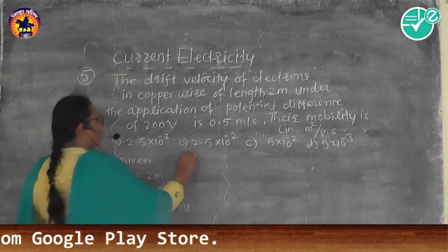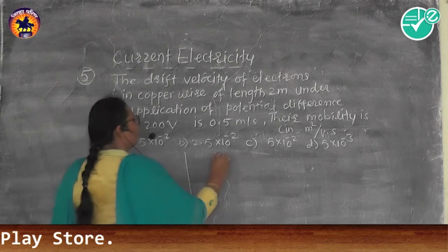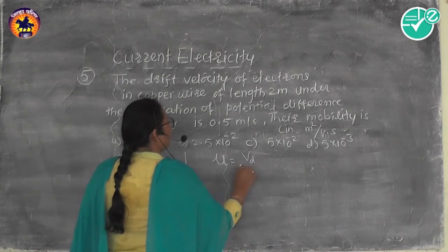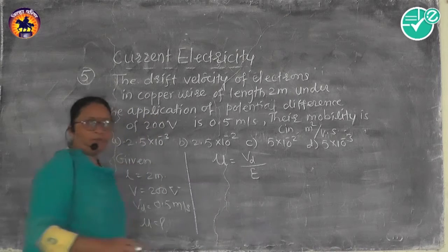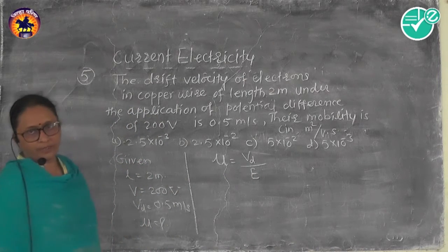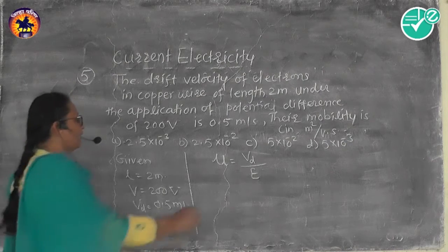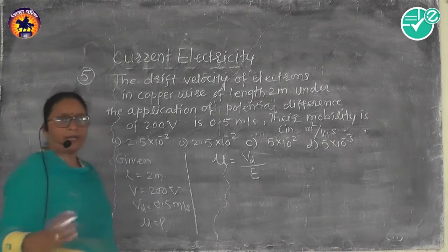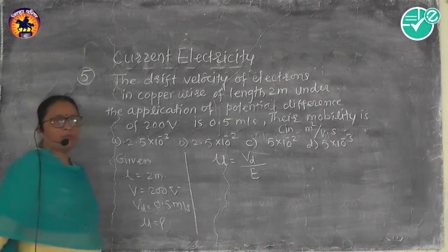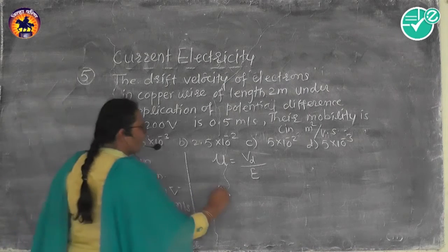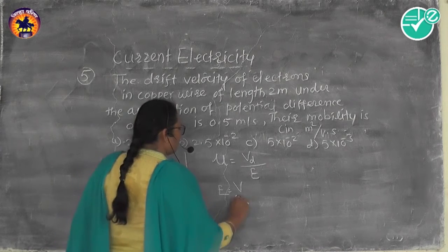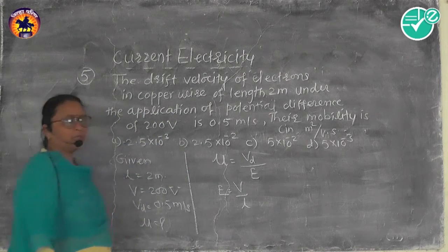Actually, the formula for mobility is mu is equal to Vd divided by E, where Vd is drift speed and E is intensity of electric field. In this example, intensity of electric field is not directly given, but that can be measured by using data provided to us. And the relation for electric intensity, that is definition of a potential gradient, that is V by L is nothing but E.